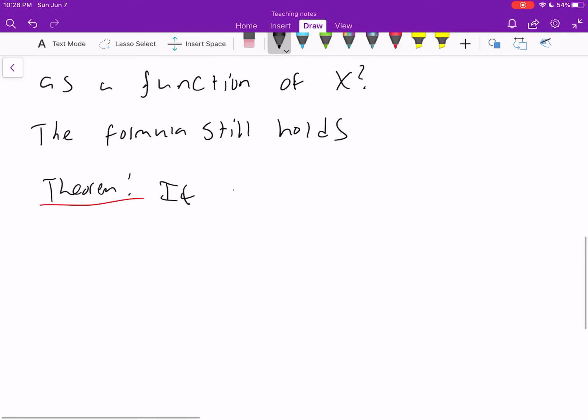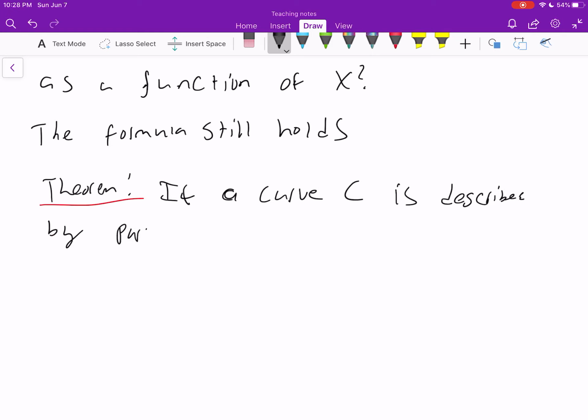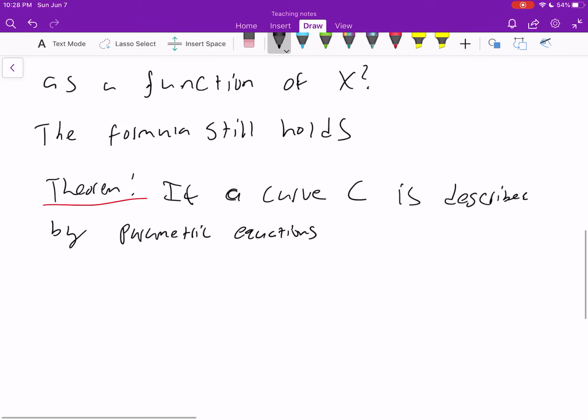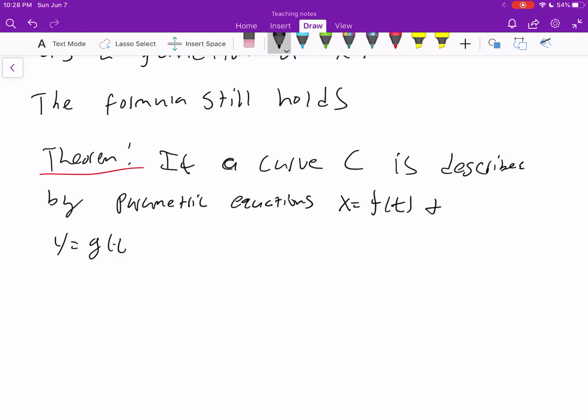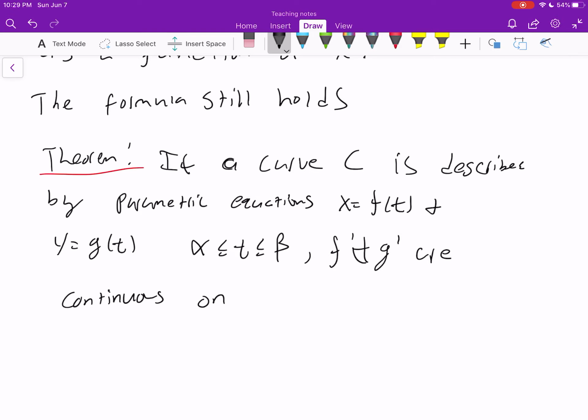If a curve C is described by parametric equations x is equal to f of t and y is equal to g of t, and alpha is less than or equal to t, less than or equal to beta, f prime and g prime are continuous on the closed interval alpha to beta.